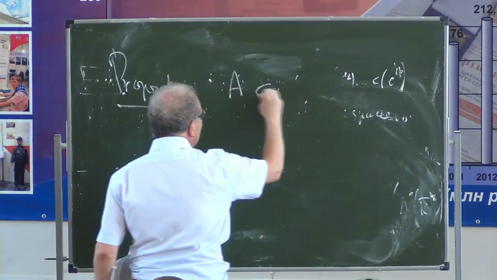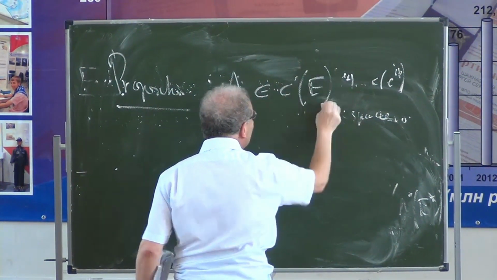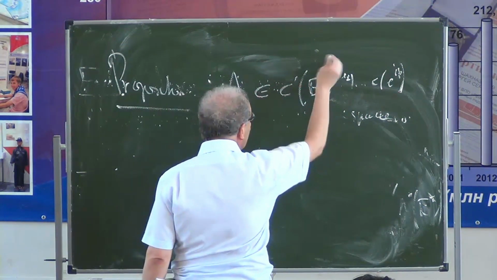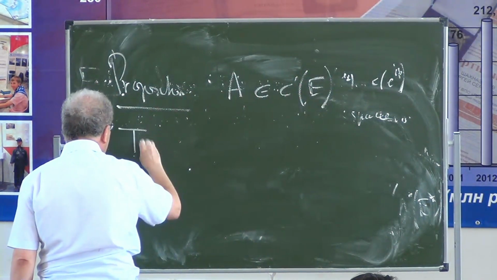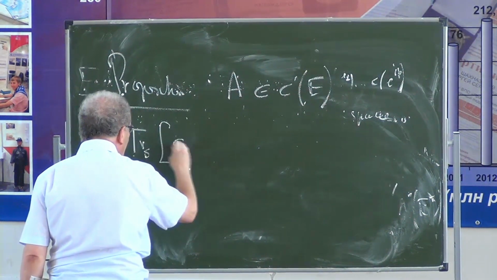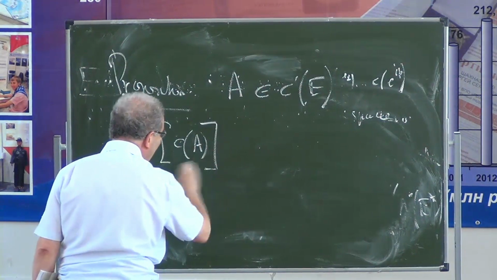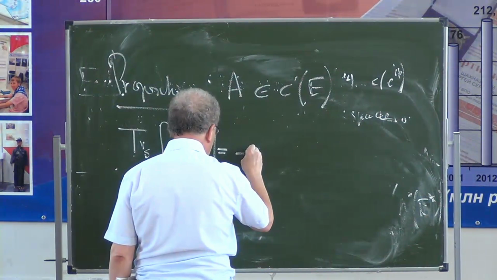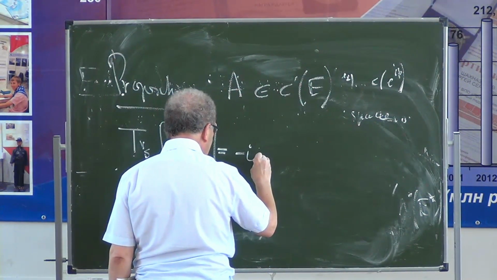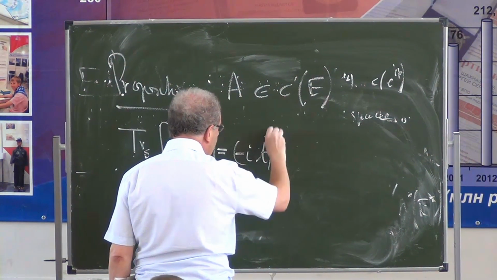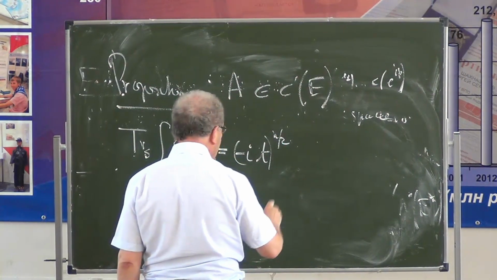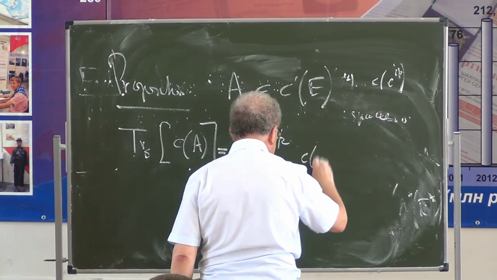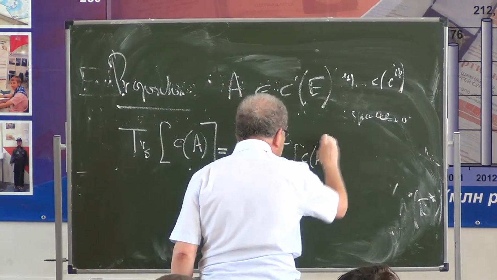If A lies in the Clifford algebra of E, or of E star, I just identify them now, then the supertrace of C of A is equal to minus i to the power n over 2 times the supertrace of A, that is, Ct of A max.